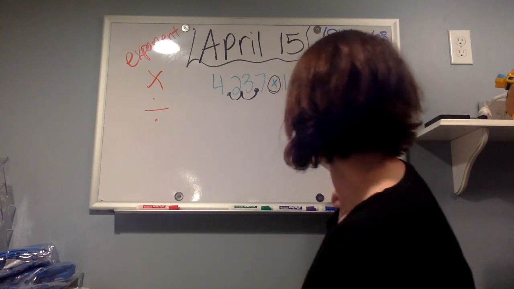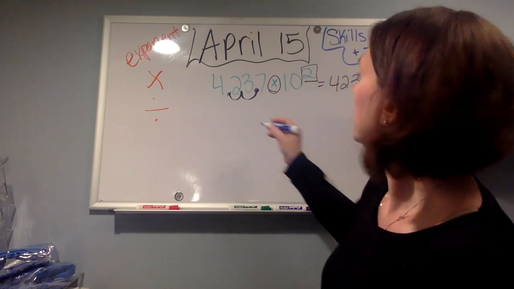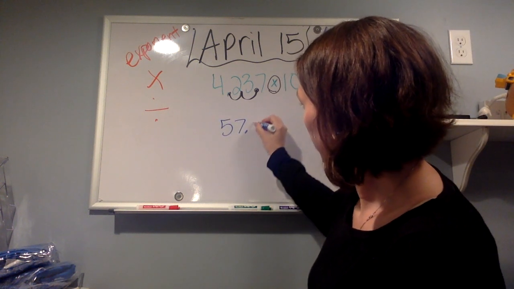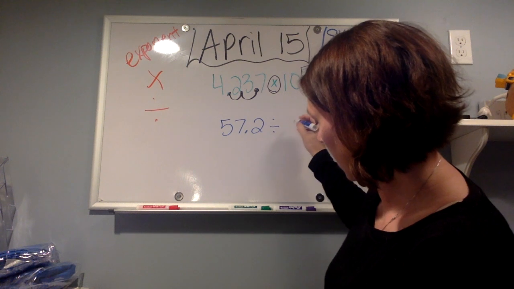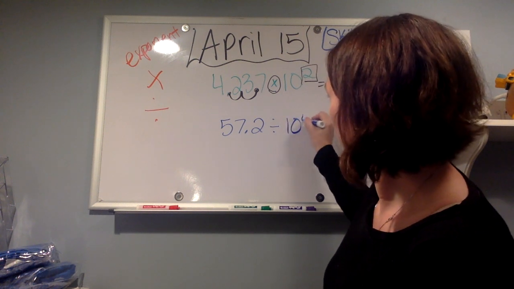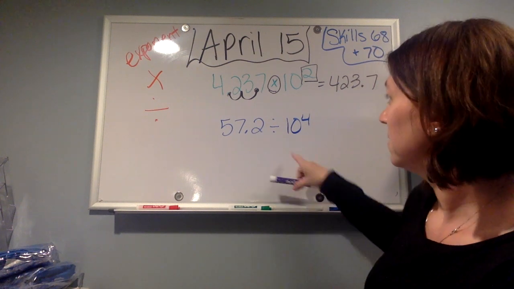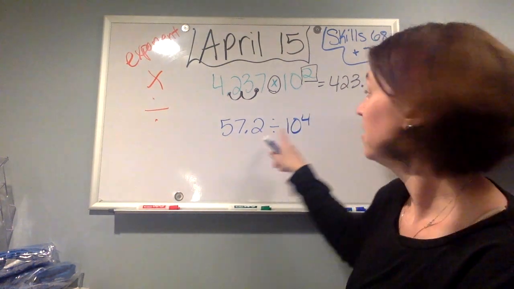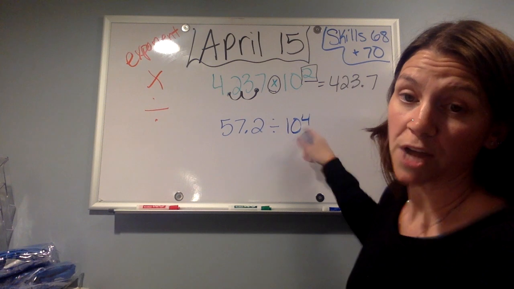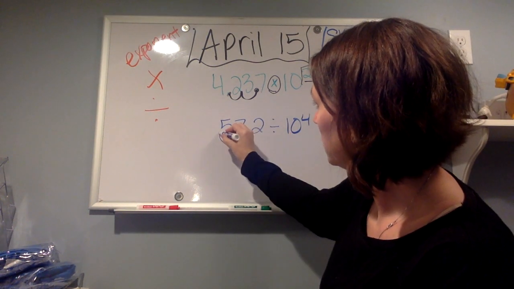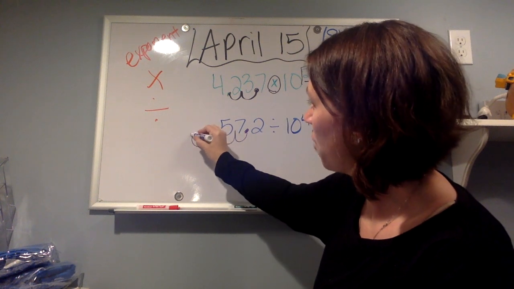Now, remember, if we are dividing, so let's say that we have 57 and 2/10 divided by 10 to the power of 4, okay? We're dividing, so now we have to go to the left, and we're going to go to the left 4 times, okay? So we pick it up, and we move it 1, 2, 3, 4.